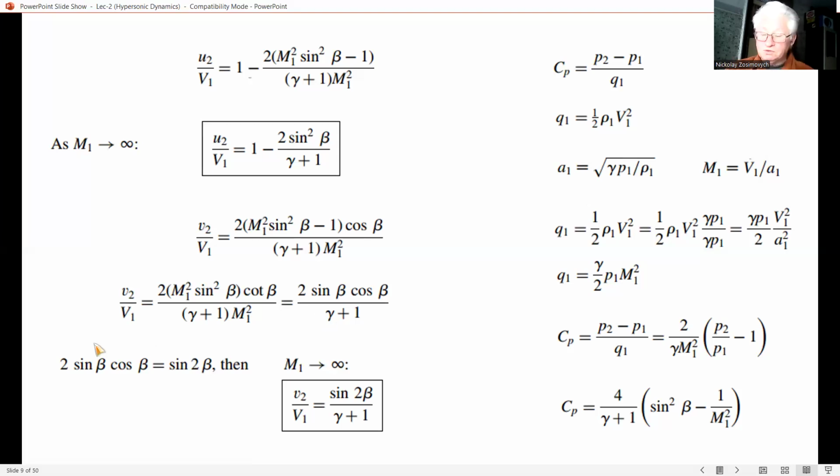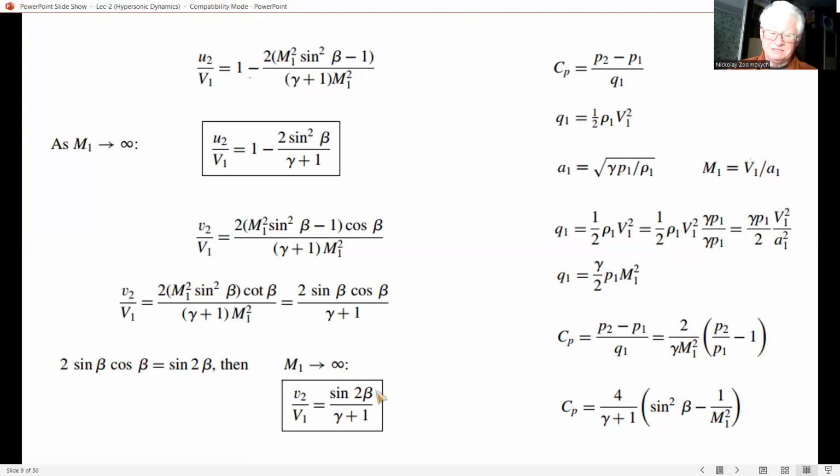Because 2 sine beta times cosine beta gives sine 2 beta, we can write from the previous equation, in the case M1 goes to infinity, this very nice expression: v2 over V1 equals sine 2 beta over gamma plus 1.